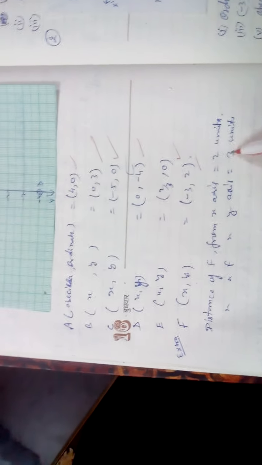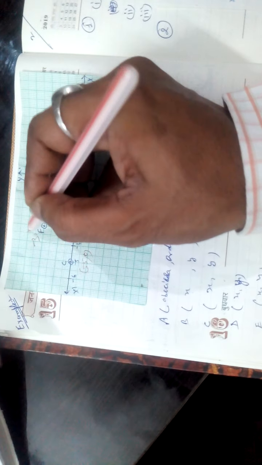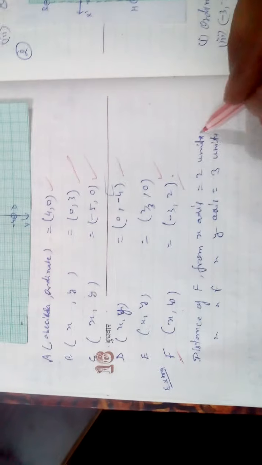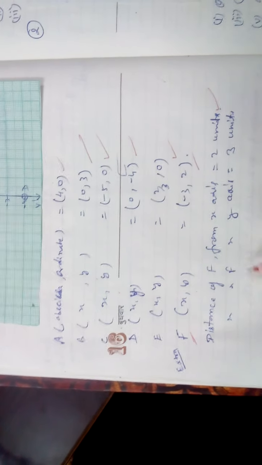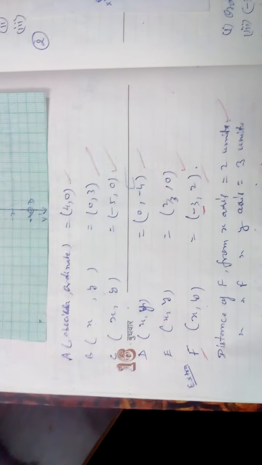So the distance of F from the x-axis: what is it? It is the value of y. What is the value of y? You are getting -3 comma 2, so the value of y is 2. So the distance of F from the x-axis is 2 units. And the distance of F from the y-axis is the value of x, which is -3.